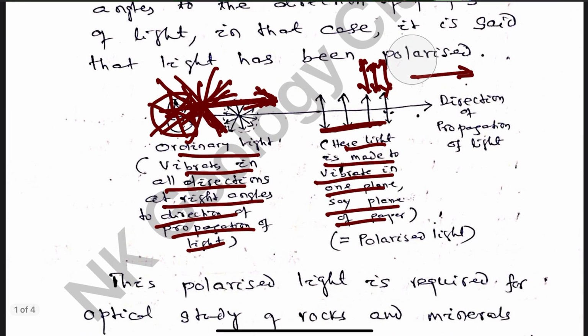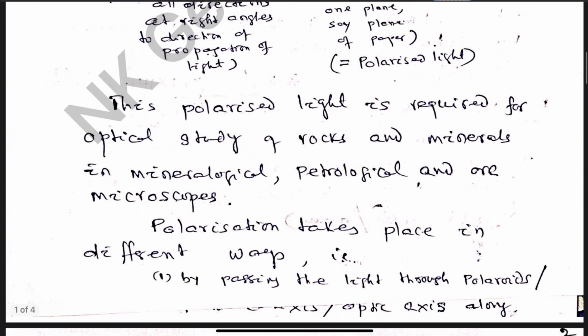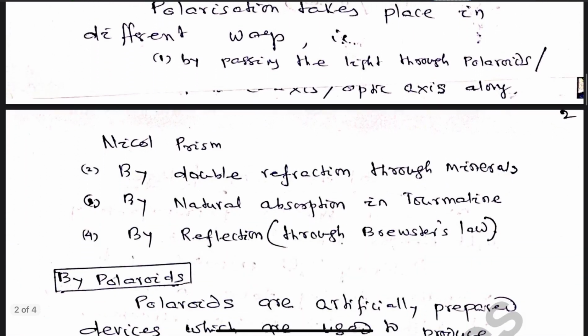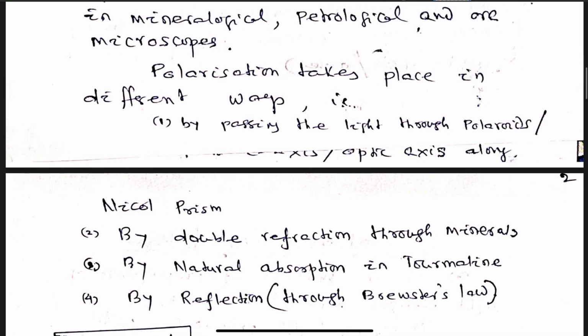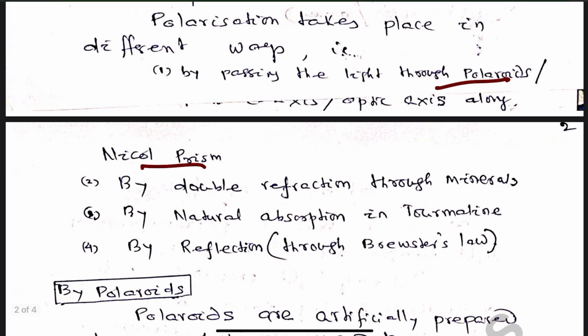So we'll discuss how polarized light is produced. Polarized light is produced by passing the light through nickel prisms or through polaroids. Polaroids are a variety of nickel prism. And by passing the light through any anisotropic mineral where double refraction takes place, the two rays produced through double refraction are found to be polarized in their own planes.